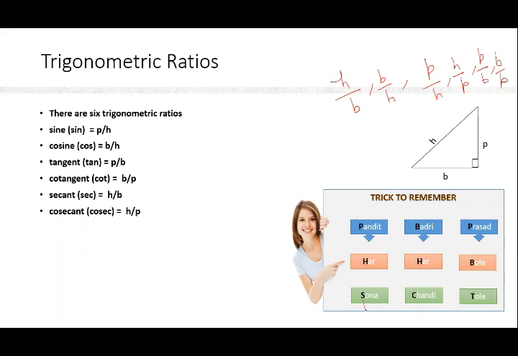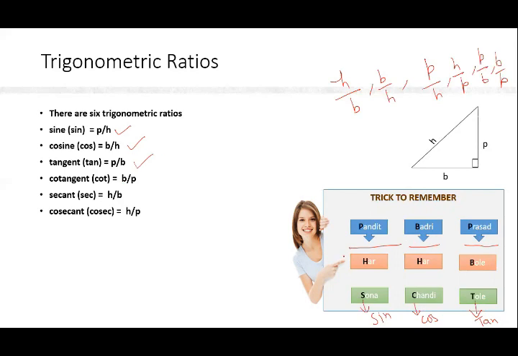So this S is sine, this C is cos, and this T is tan. So when we divide perpendicular by hypotenuse, we get the trigonometric ratio sine, which you can see here. If we divide base by hypotenuse, we get another trigonometric ratio, which is cos. Now, if we divide perpendicular by base, we get another trigonometric ratio, that is tan, which you can see here.